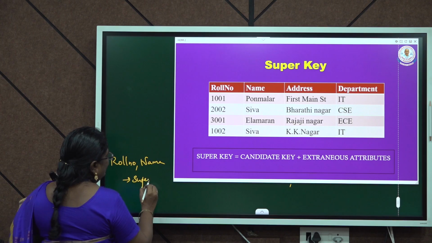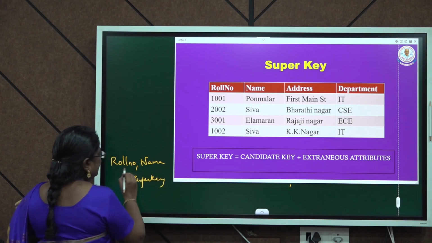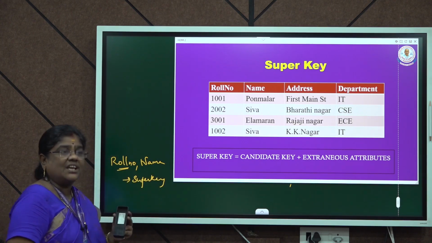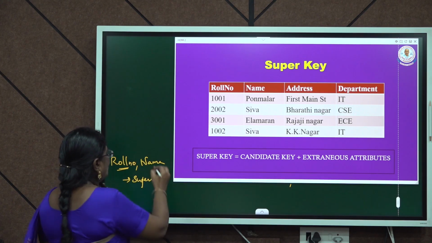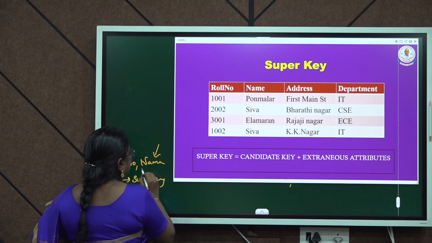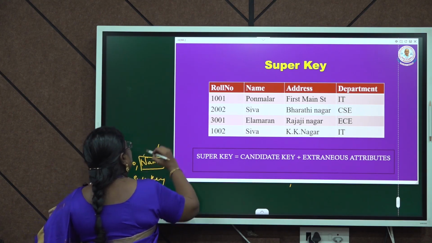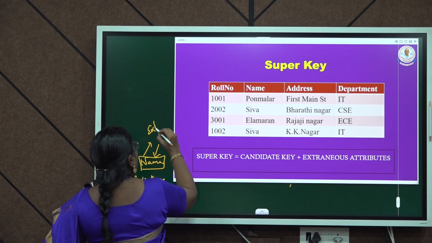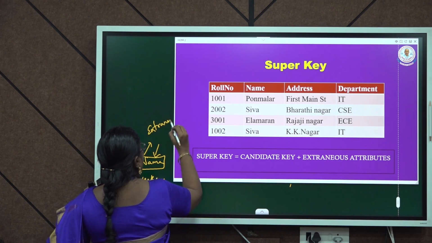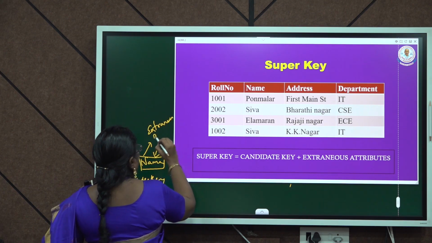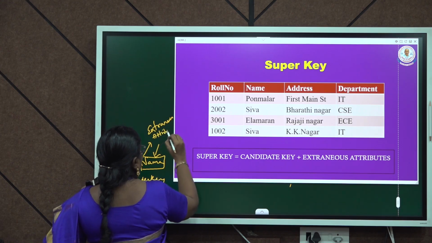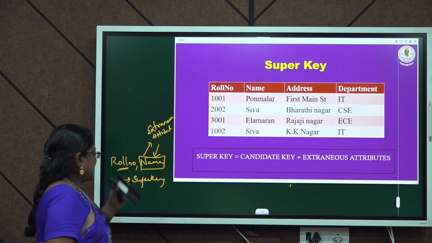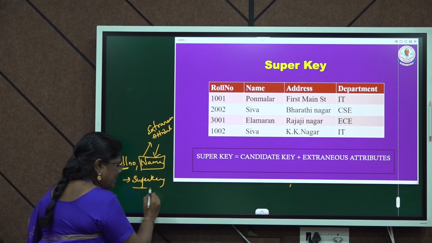The roll number alone is enough for identifying a student, whereas we have another attribute, name, which is not needed, and this attribute is called an extraneous attribute. And the candidate key plus any extraneous attribute, we can say is a super key.